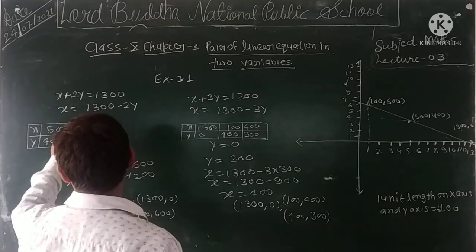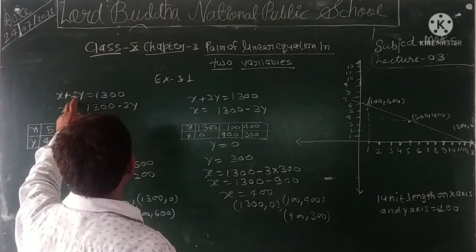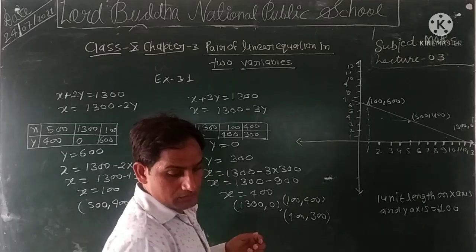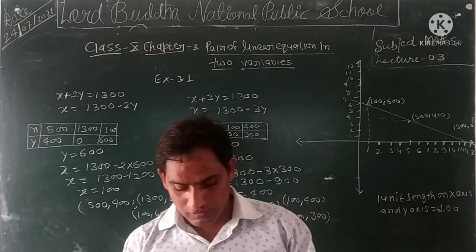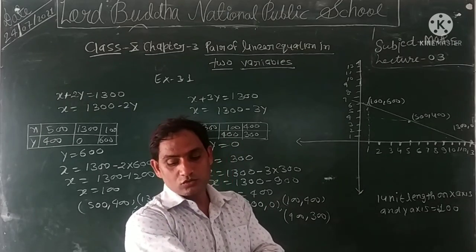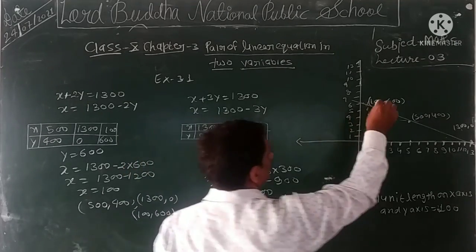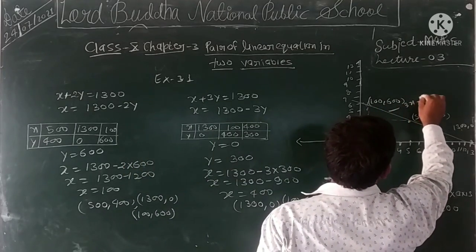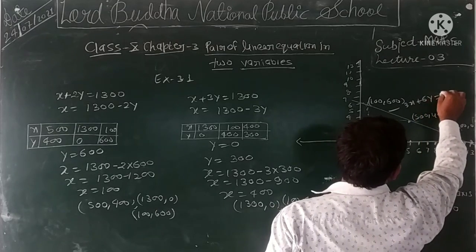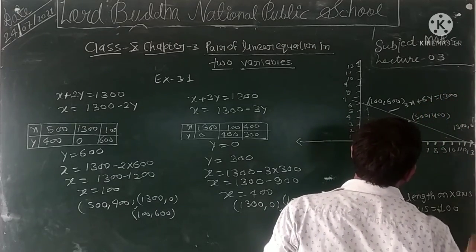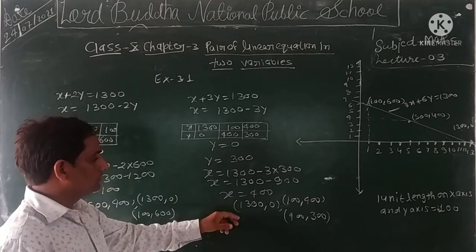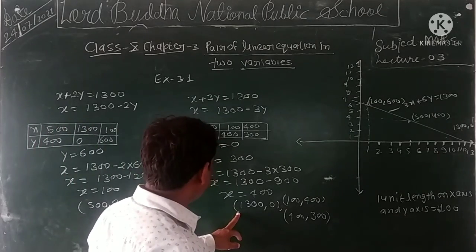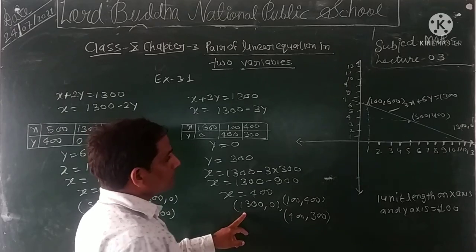This will be written x plus the main equation, as our main equation was 3x plus 6y equal to 1300. Now we take another pair. The other pair is 1300, 0.